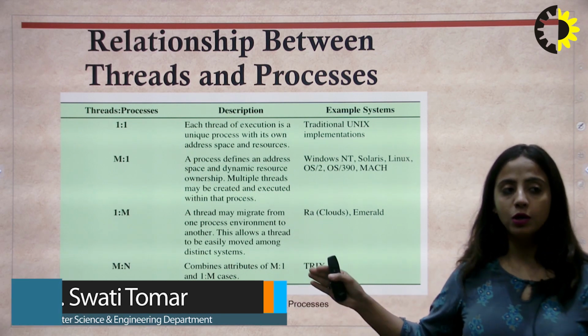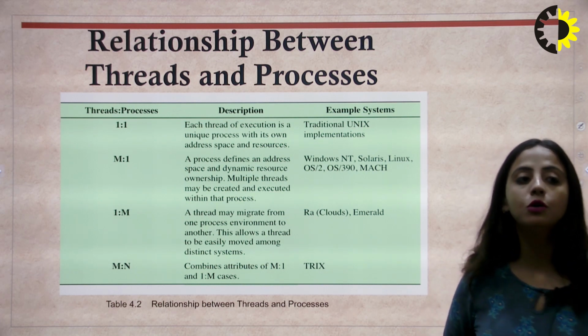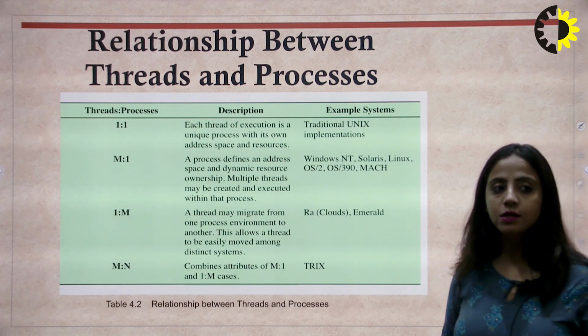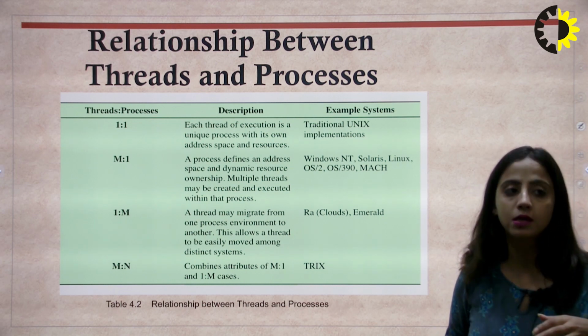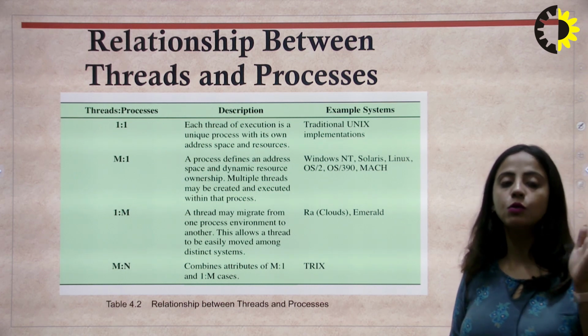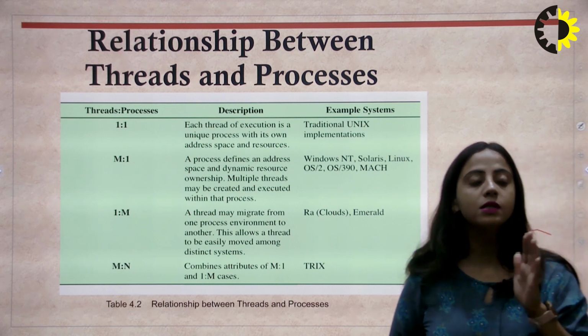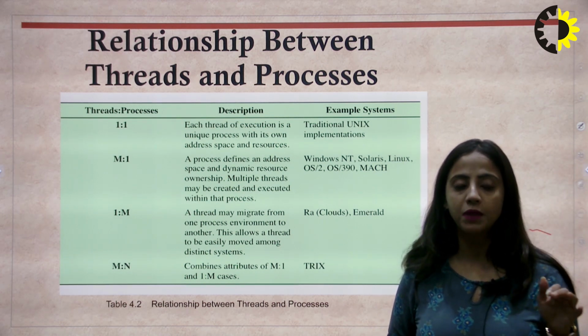A thread to process relationship can be one-to-one, many-to-one, one-to-many, and many-to-many. How is it so? A thread of execution is a unique process with its own address space and resources, so we can say it is a one-to-one relationship.